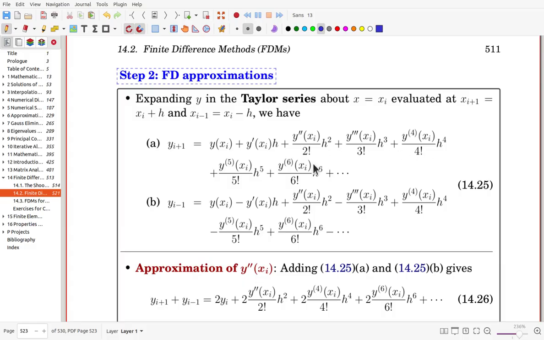Okay, we have this, and y_(i-1) is, now we can get, rather than h, we are using minus h. So here minus h squared is the same positive because squared. And now minus h cubed, then we have here negative, and minus h to the fourth is the same as over there. In this way, we can express the values at x_(i+1) and x_(i-1) by using the values at x_i. These are Taylor series.